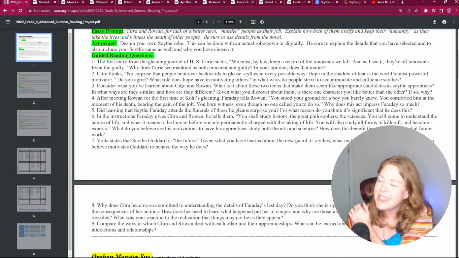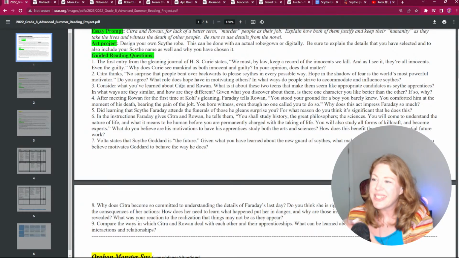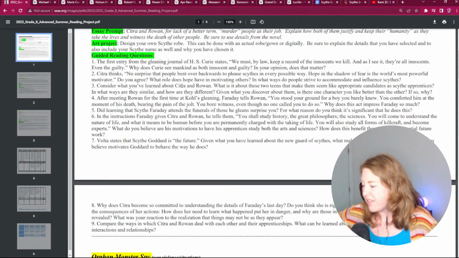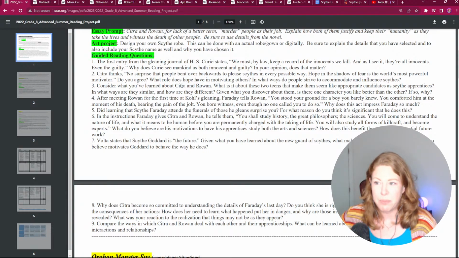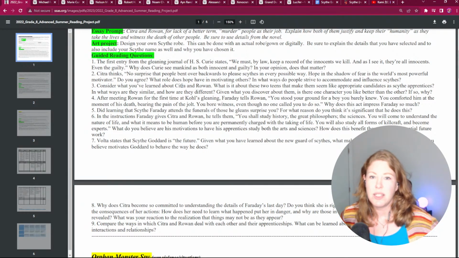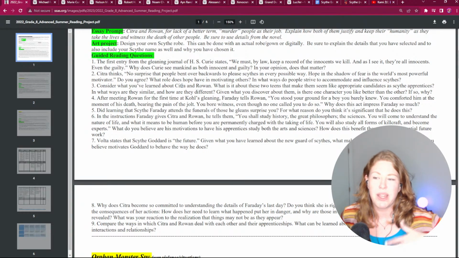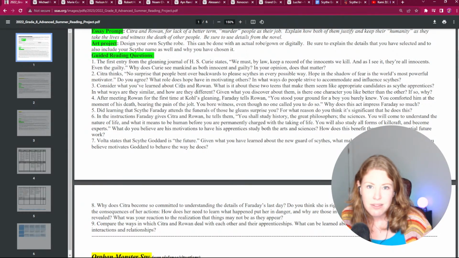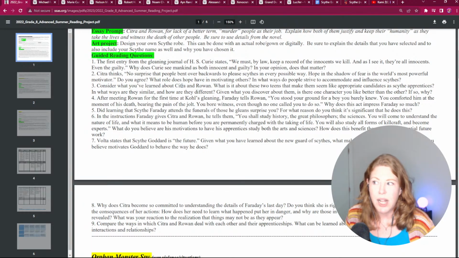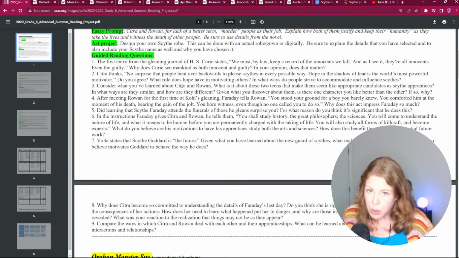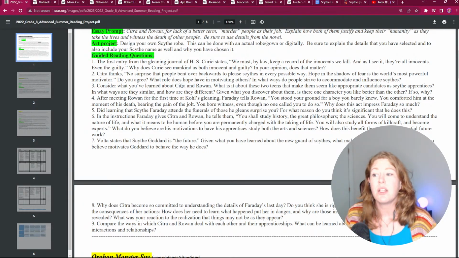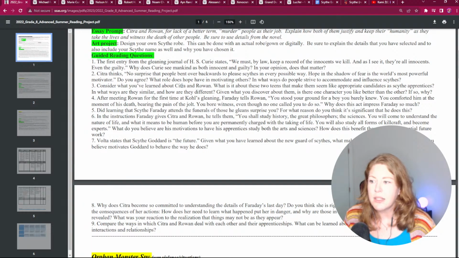So I was saying that Scythe Goddard, it's disconcerting that he's the future, because what if all of the Scythes became corrupt like him? What if they all just killed without a quota, without a limit, right? Then most of the world would be dead, right? You would have Scythes running around literally just murdering people. And if you break down that first barrier of having a quota, that leaves room for other barriers to be broken down, right?